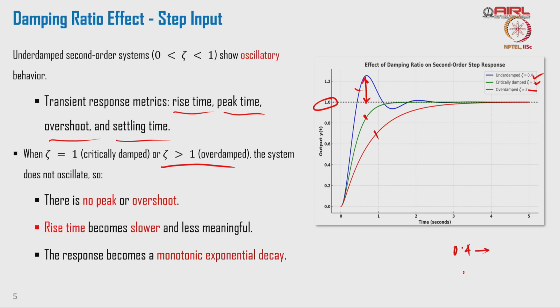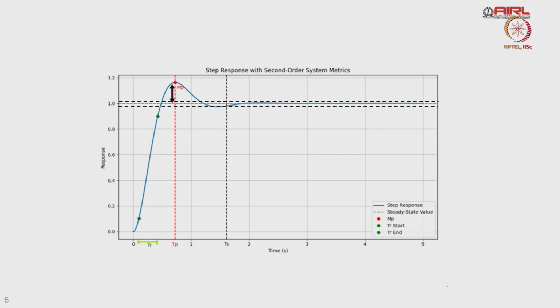Another one is 1, which is the critically damped scenario, and the third one is the overdamped scenario where the zeta value is equal to 2.